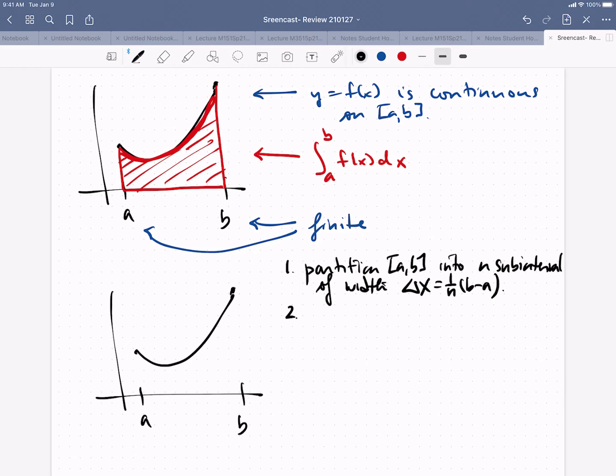When you partition the interval in that way, each of these points, the endpoints of the subintervals, they're called partition points.